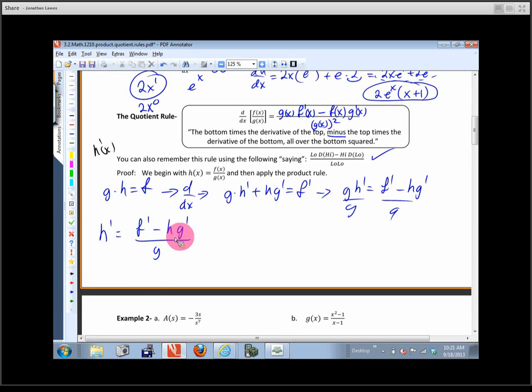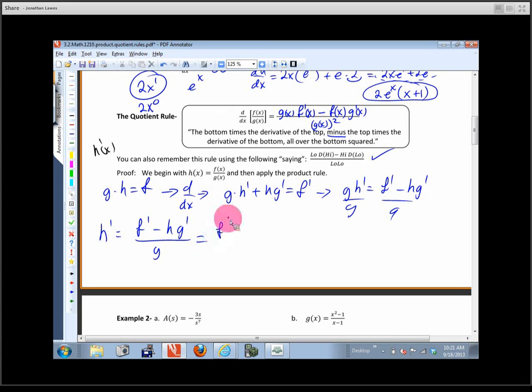Well, the only thing that I don't like about this is notice that I've got h prime on one side all by itself, and over on this side I've got an f prime, a g prime, and a g, all parts of the way the original function was defined. What I don't like is this guy right here. I don't like having an h involved there. Any ideas? Yep.